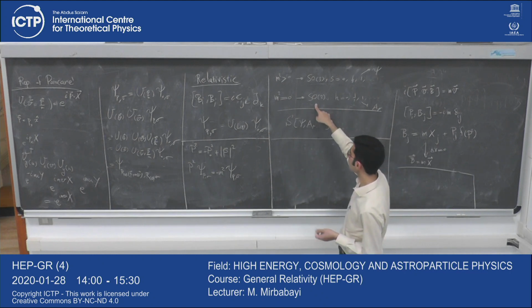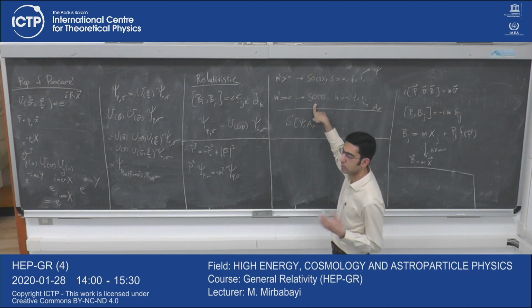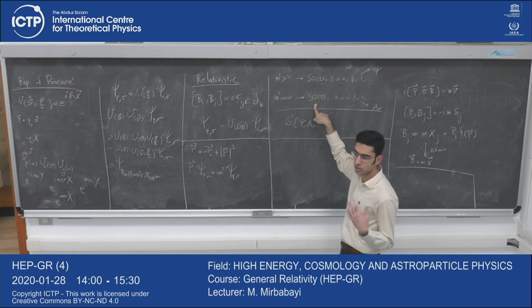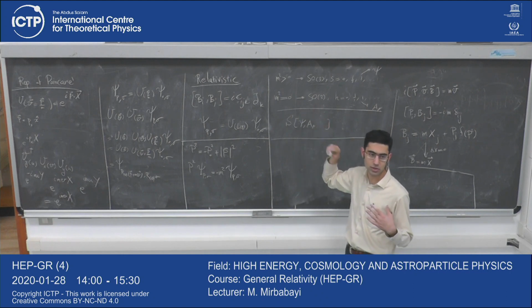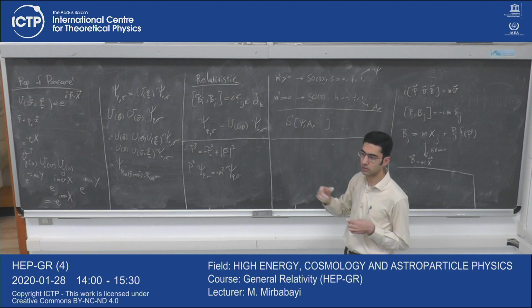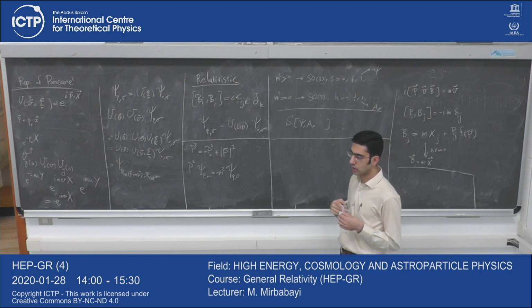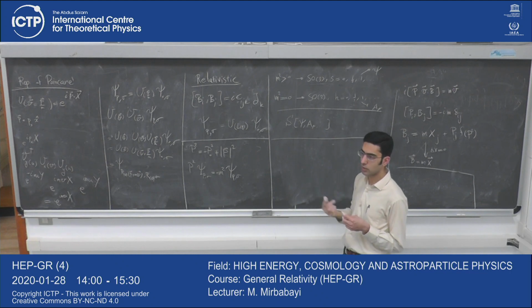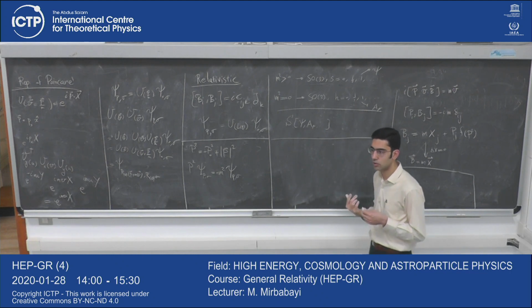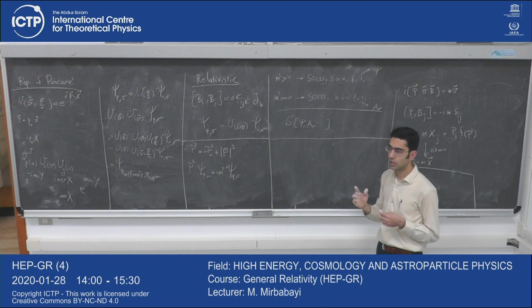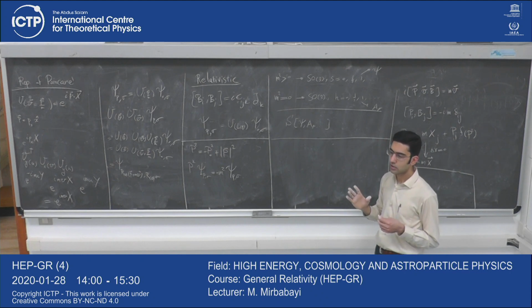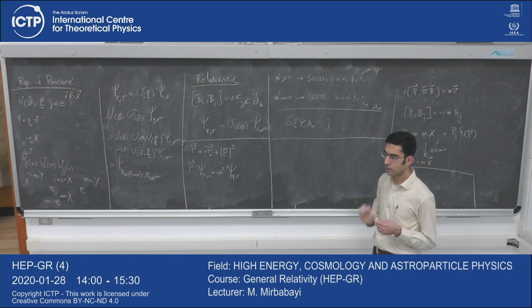Also, in the massless case, we do a similar thing, except that the reference frame that we choose is not the rest frame. It's a frame in which the particle has the prescribed momentum. And since it has a prescribed momentum, the Lorentz transformations that preserve it should be somewhat restricted.